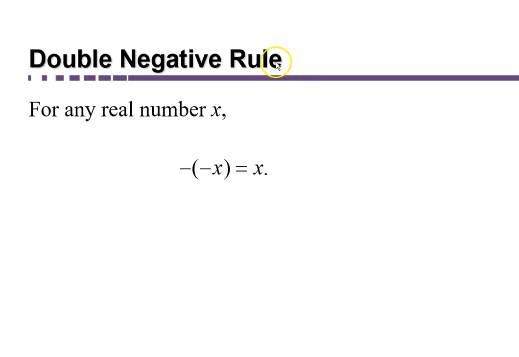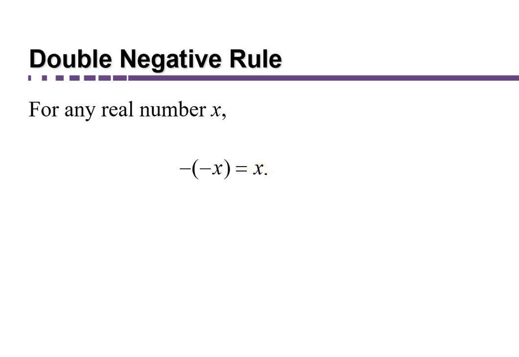Now, we also have another rule in mathematics called the double negative rule. For any real number x, here we're saying the opposite of negative x. This negative sign in front is often read as the opposite. Rather than just saying it's negative, we say the opposite of a negative x would be a positive x.